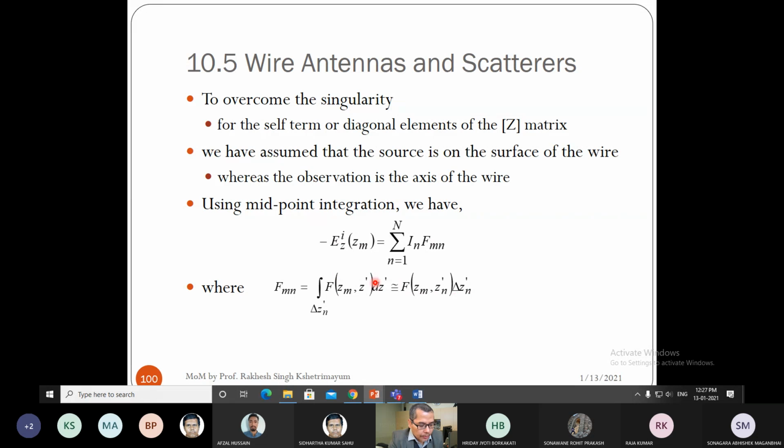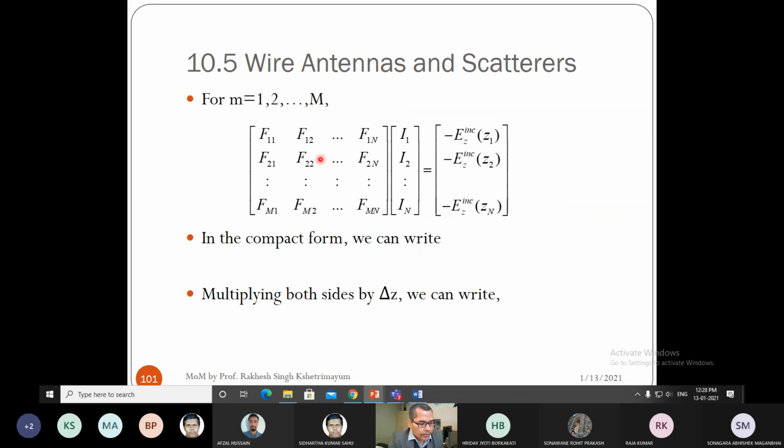I just find this function at the center and multiply with the length of the interval. So we don't have any integration now; the integration has been taken care of by the centroidal approximation. So we can find out F_mn, we know how to find it, and then we can find I_n. Once you have I_n, you multiply with B_n, and then you get the unknown current density.